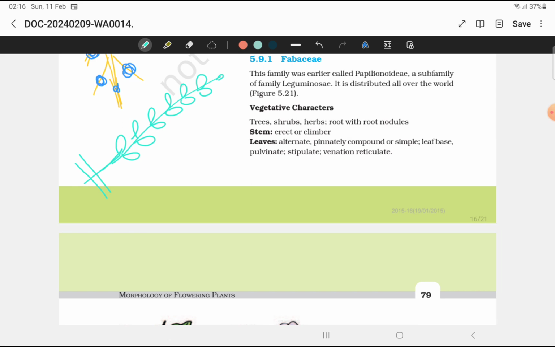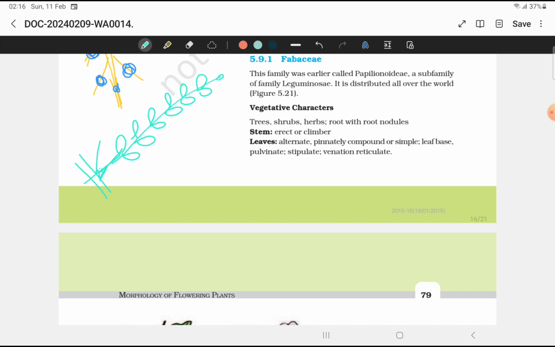And in the place of attachment, here it is a swollen leaf base. You could say that this is the swollen leaf base. This is called the pulvinate condition. And stipulate means it has some extra appendages like this, and this is called a stipule. So stipulate, venation reticulate.